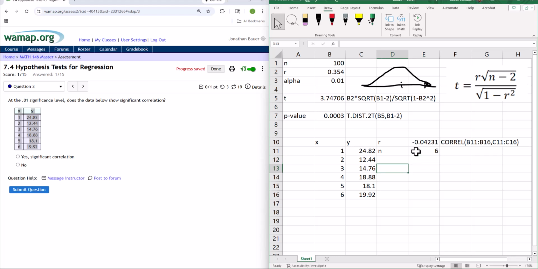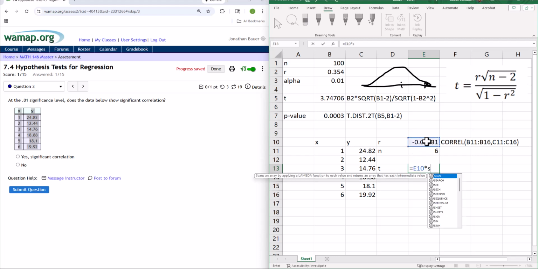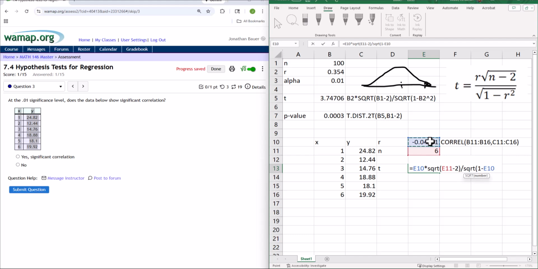This would be a two-tailed test, since we don't know for sure whether our test statistic is left, right, or two-tailed at this point. So it is our correlation coefficient times the square root of n minus 2, divided by the square root of 1 minus R, our correlation coefficient, squared.